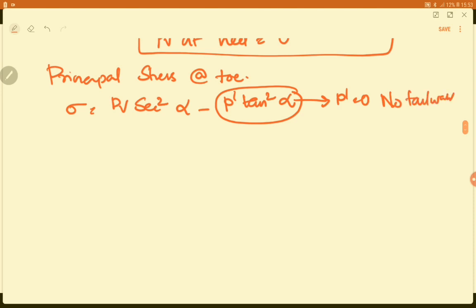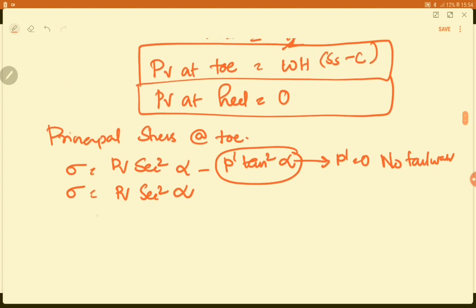In that case, this equation becomes sigma is equal to PV secant square alpha. Okay. Now at the toe, when the reservoir is full, what is the value of PV? The value of PV is equal to sigma at toe when the reservoir is full.